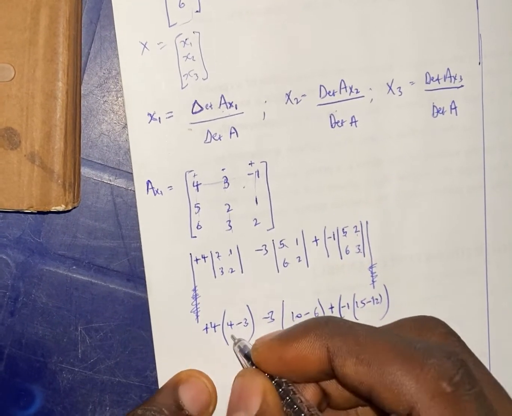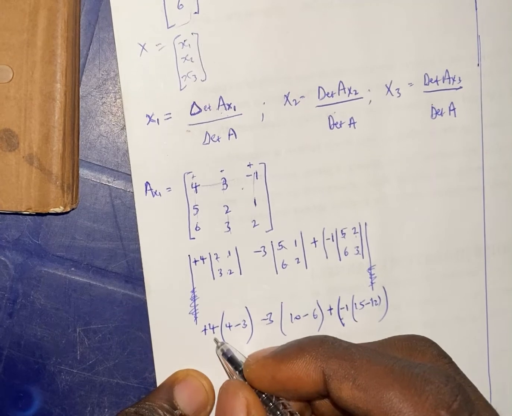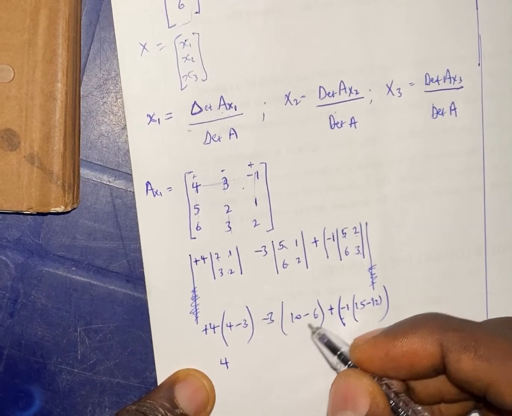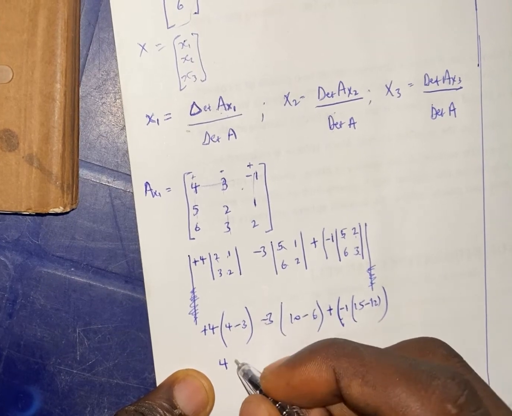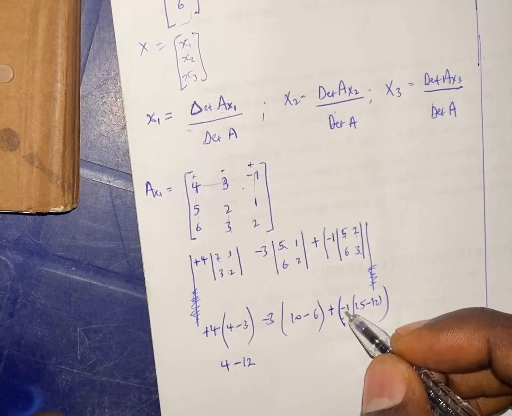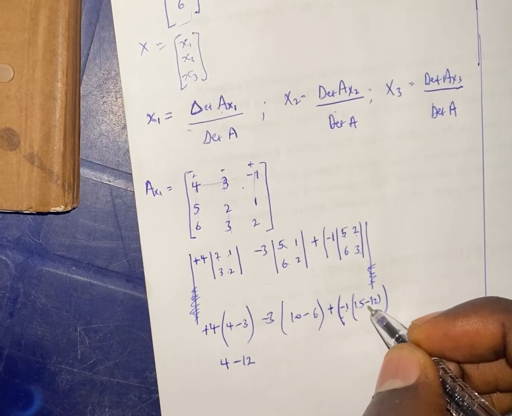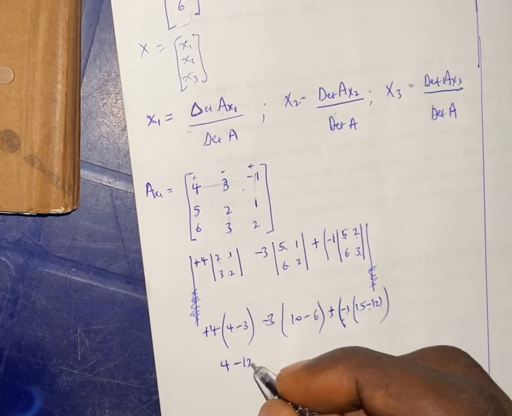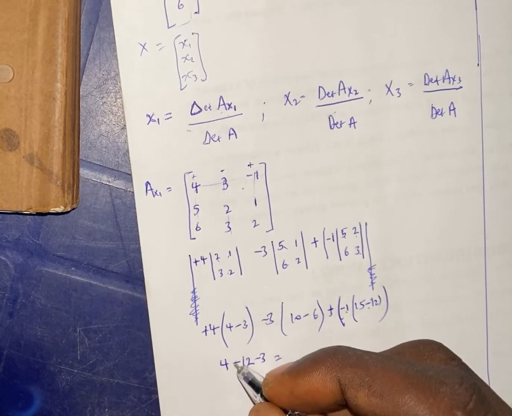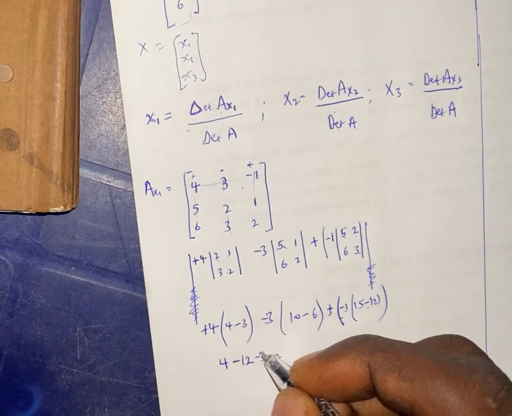Just follow me. So we have 4 times 1, that's 4 still. This will give us 10 minus 6 is 4. 4 times minus 3, that's minus 12. So this will give us minus 1 times 3, that's minus 3. So what you have here will be 4 minus 12 minus 3.